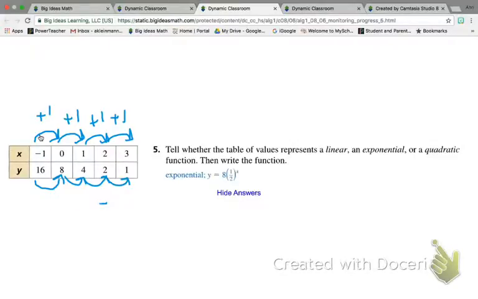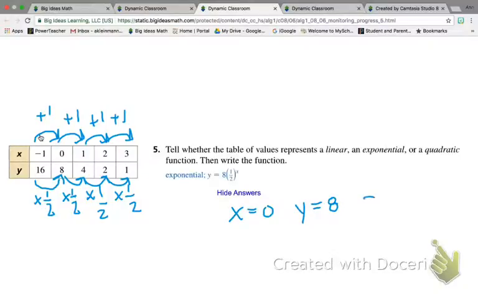However, if we look at the difference between 16 and 8, well, 16 times 1/2 is equal to 8. 8 times 1/2 is equal to 4. So we have this common ratio. From the table, we can see that when x is equal to 0, y is equal to 8.